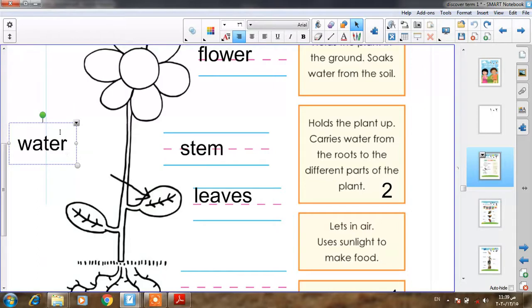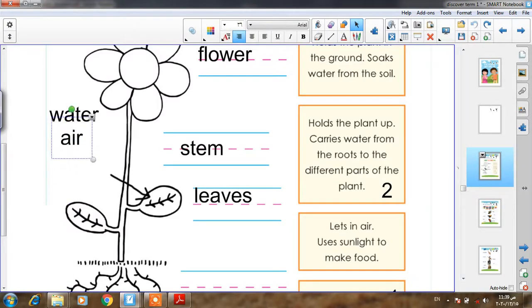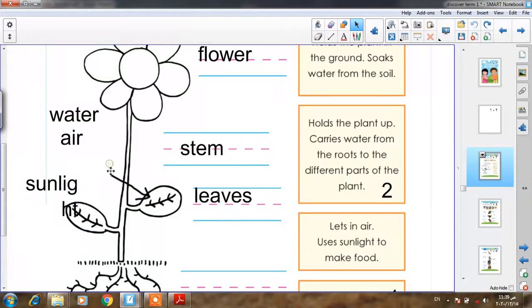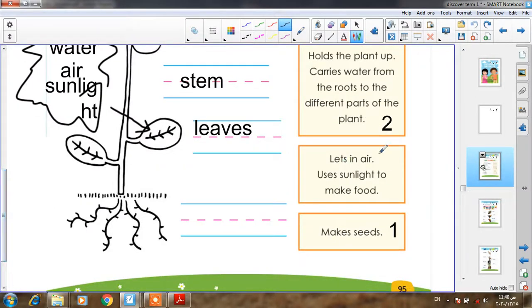Water, air, and sunlight. The leaf needs these three things to make its own food. To make what? Its own food. So the plant makes its own food by the three things: water, air, sunlight. Okay? So the leaves' function is to let in air and use sunlight to make food.